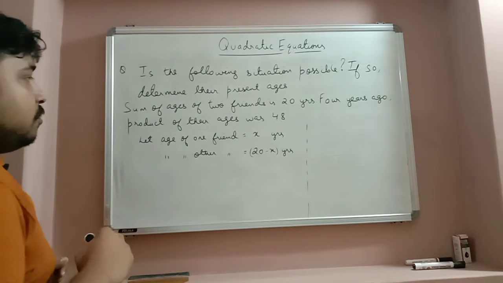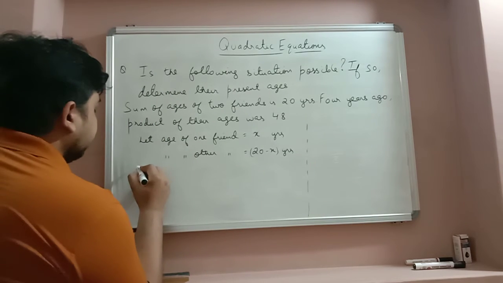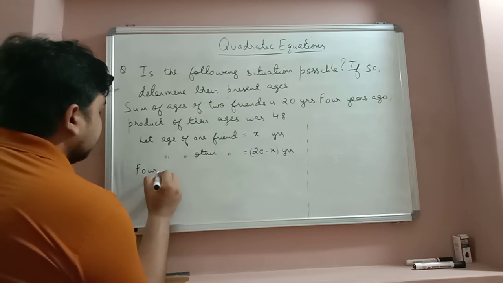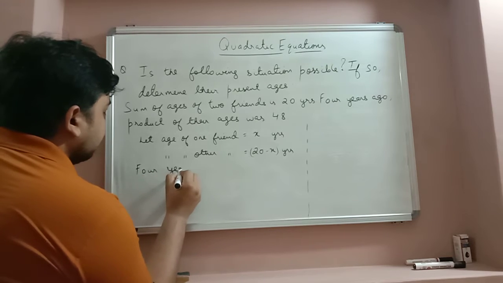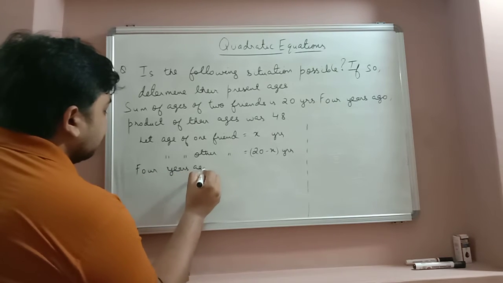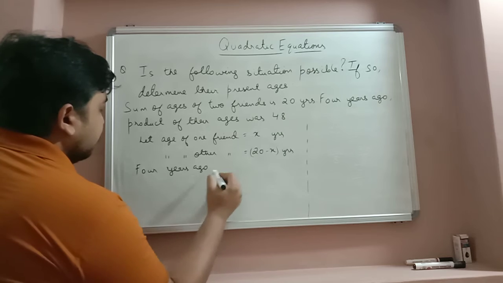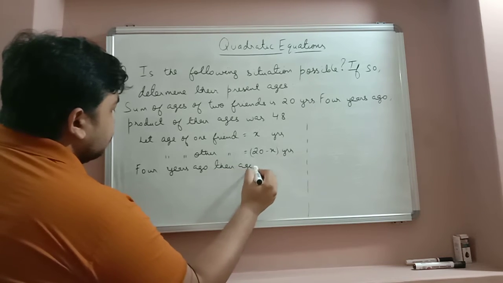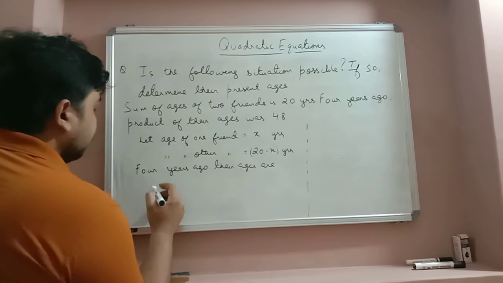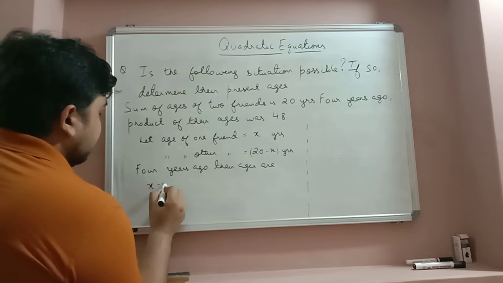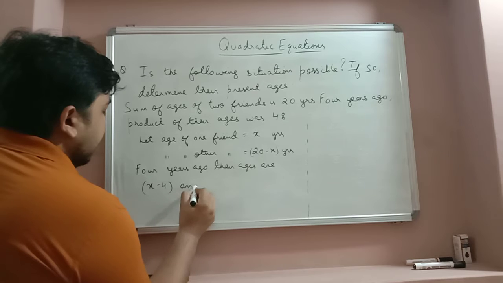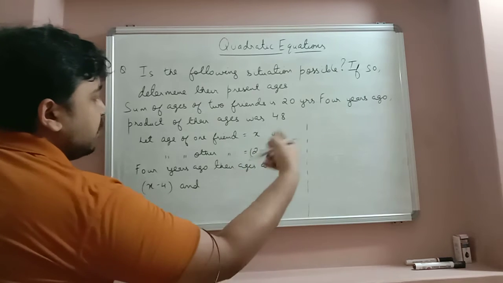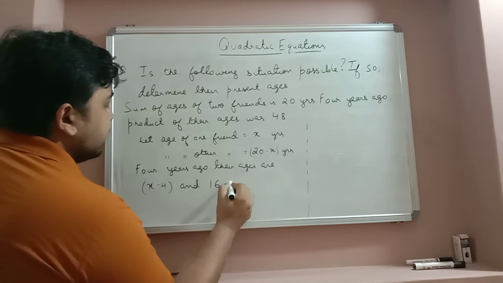Now 4 years ago their ages will be x minus 4 and 20 minus x minus 4, so this is 16 minus x.